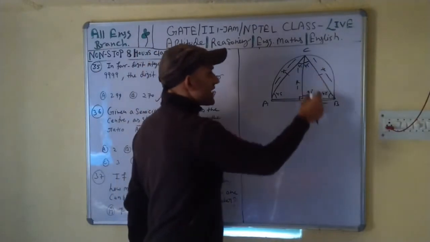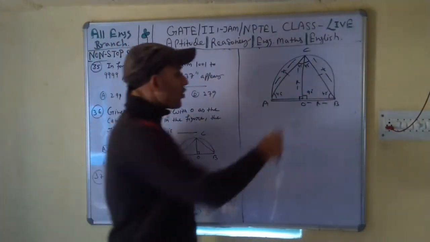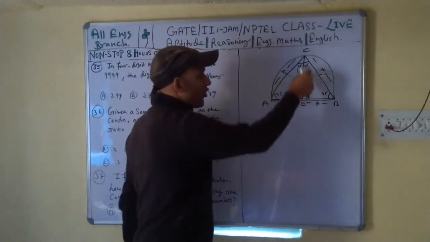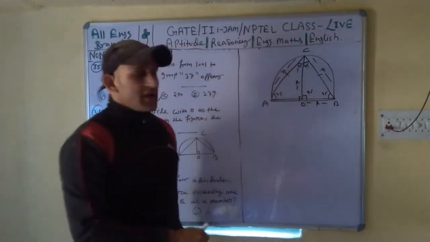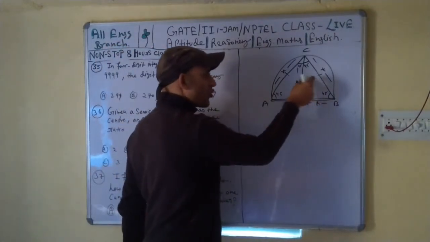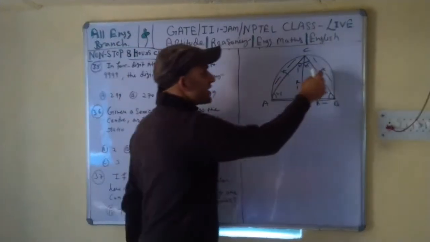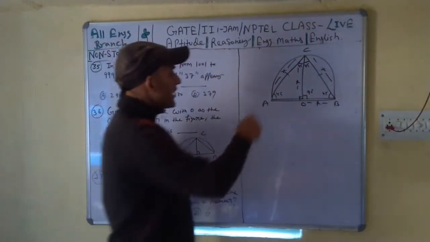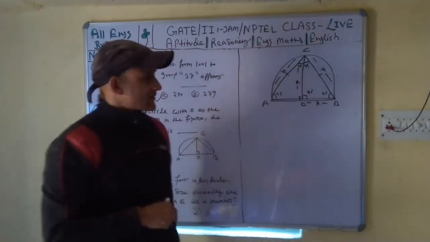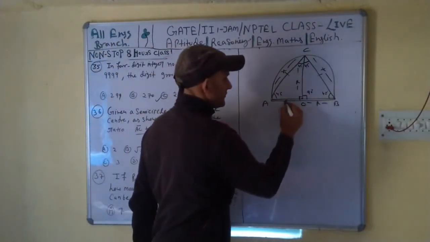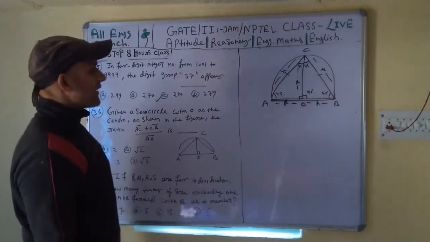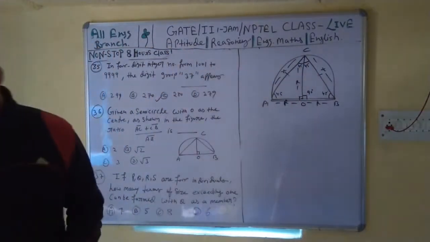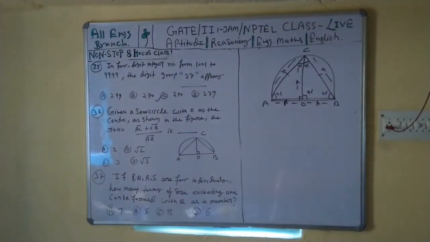This triangle and this triangle are both congruent, because all the angles are the same and two sides are the same. It means these two lengths are the same: if it is x, then this is also x. That is the diameter. Now we have to find the relationship between this and this. How to solve it? That is very simple.